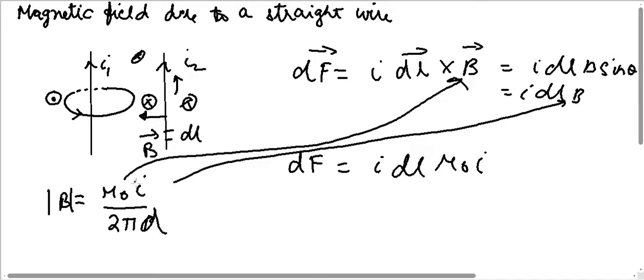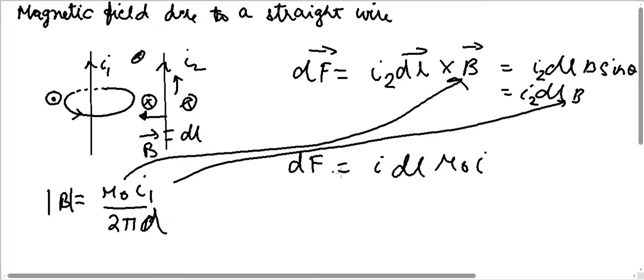Now this is the magnetic field due to this wire, so here I must write I1, and the force is on the second wire which is carrying current I2, so here I must write I2 to distinguish it.